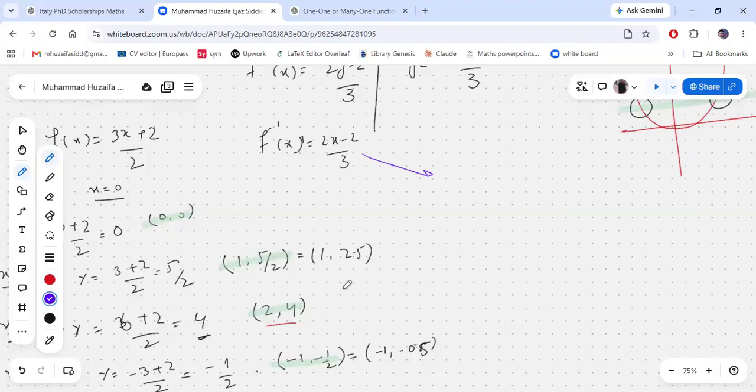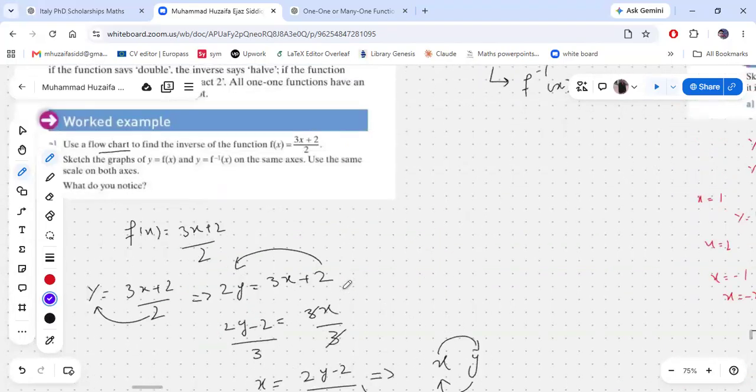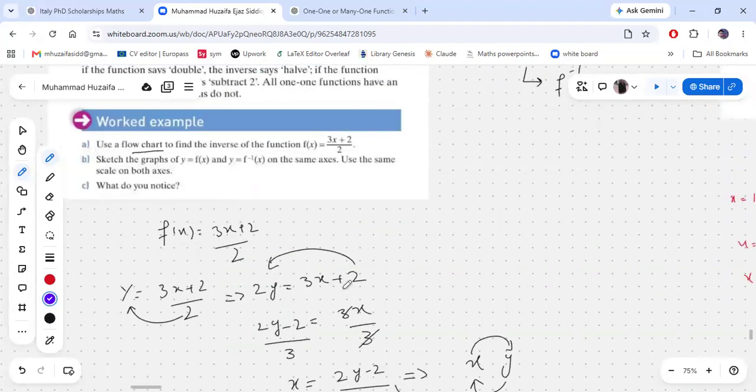So I have to find out whether this is one-to-one or many-to-one. Look at here. Basically, what do you notice? Before noticing, we want the graph, because after the graph we can calculate the graphical representation of the functions.